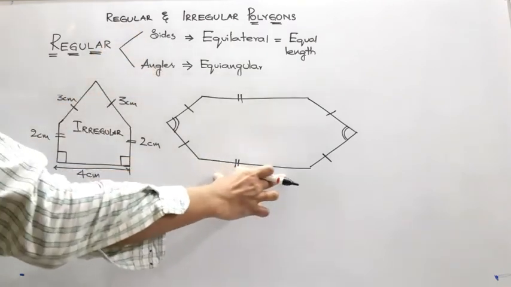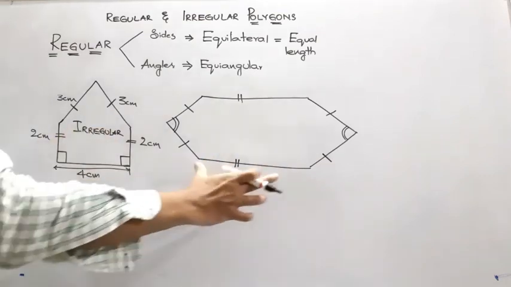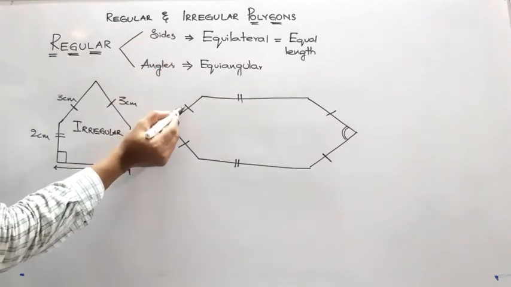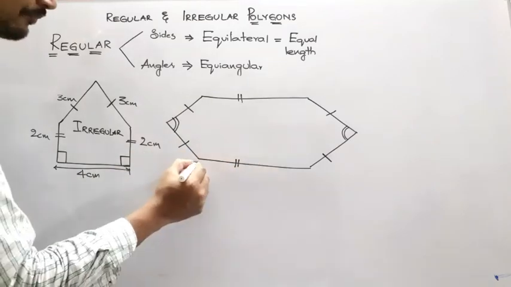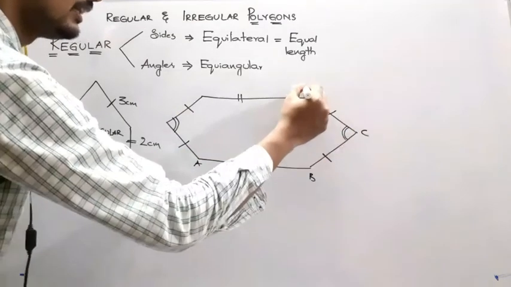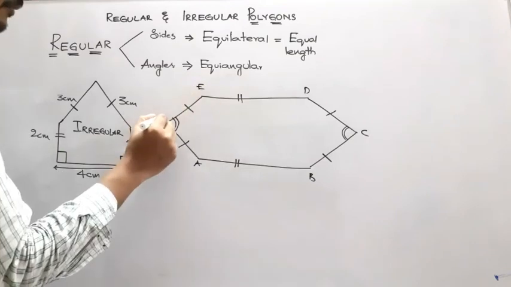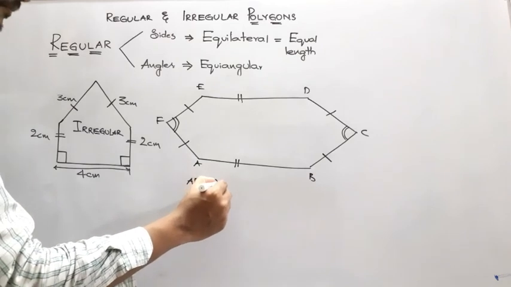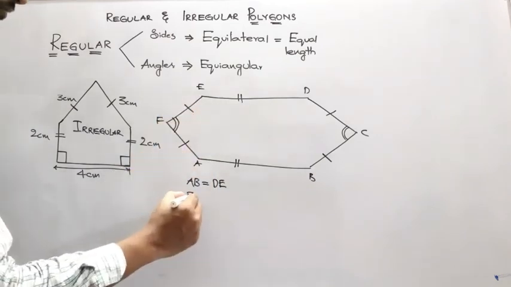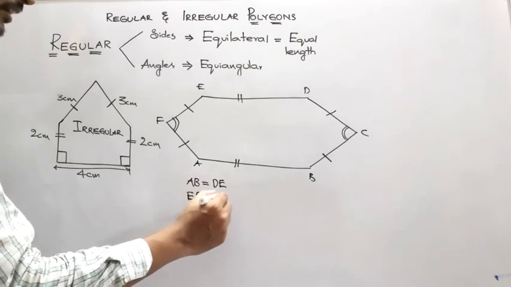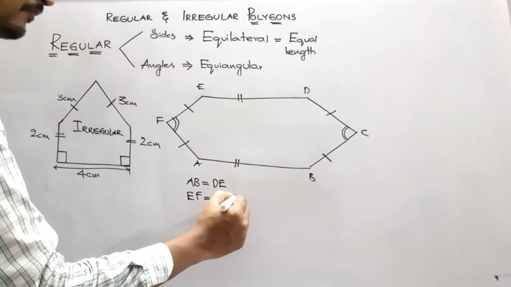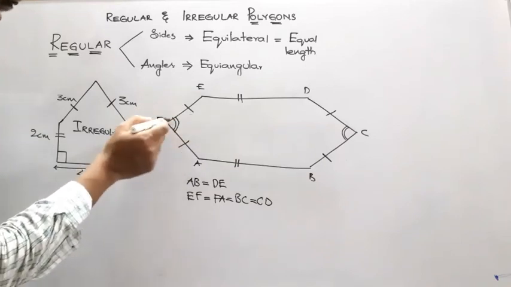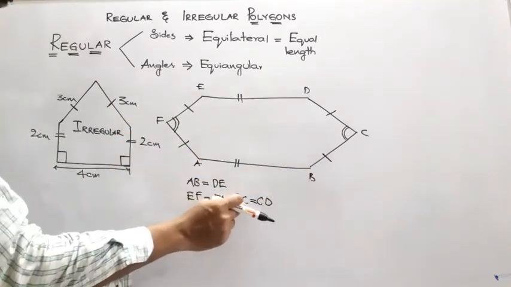Take this figure. The same property which we applied here is going to apply here also. We are going to check the sides. Let the vertices be A, B, C, D, E and F. Through this we can say AB is equal to DE, and EF is equal to FA, and BC is equal to CD, because the equality sign is given for the respective four sides EF, FA, BC and CD.